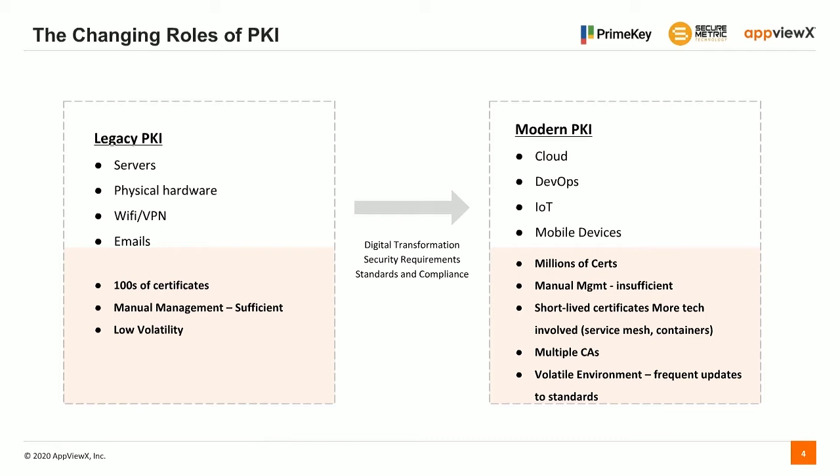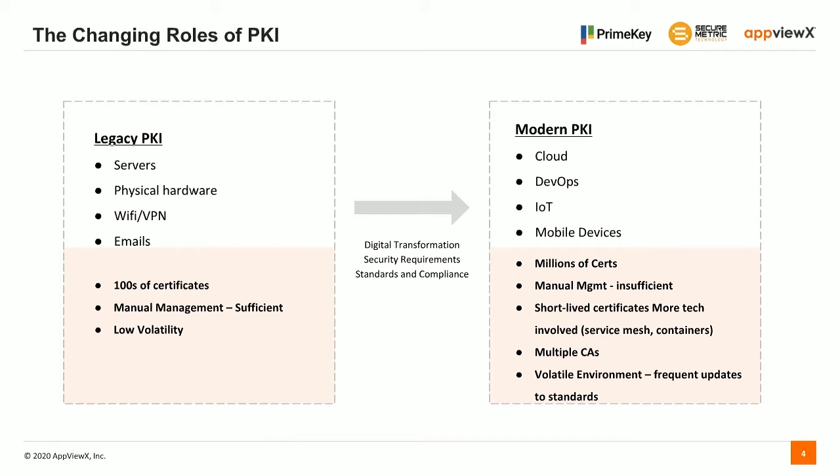There were physical hardware devices which used those for the iLO cards and remote management, and there were Wi-Fi and VPN and email encryption, and there were maybe hundreds of certificates, or maybe a couple of certificates per application, I would say. And then most of it was manually managed, and there was low volatility. What that means is there used to be a longer validity, 2 years and 5 years and whatnot, right?